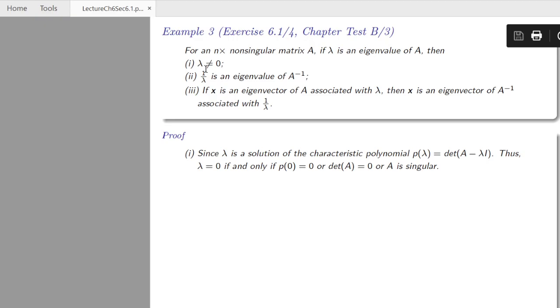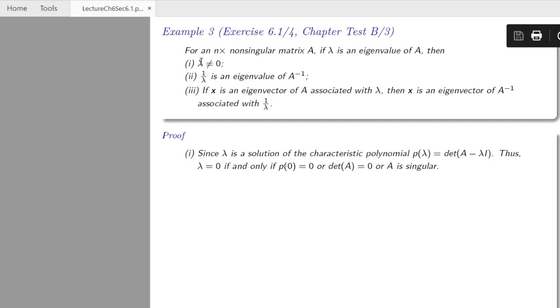Actually, we can use the property we just showed earlier. Recall, the product of all eigenvalues equals the determinant of the matrix A. The determinant of A is not zero because A is non-singular, so the product is not zero.